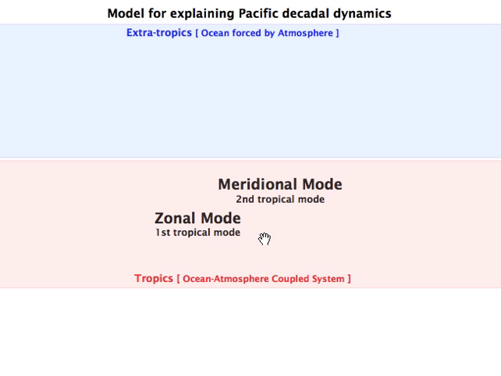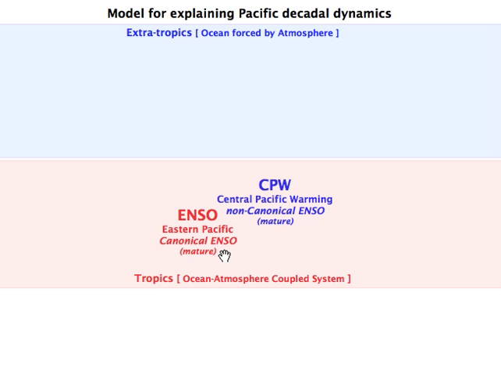Now for the Pacific basin, these two modes map nicely into the El Niño Southern Oscillation, or the canonical form of ENSO, or the other Central Pacific warming or non-canonical ENSO that has been recently talked about.